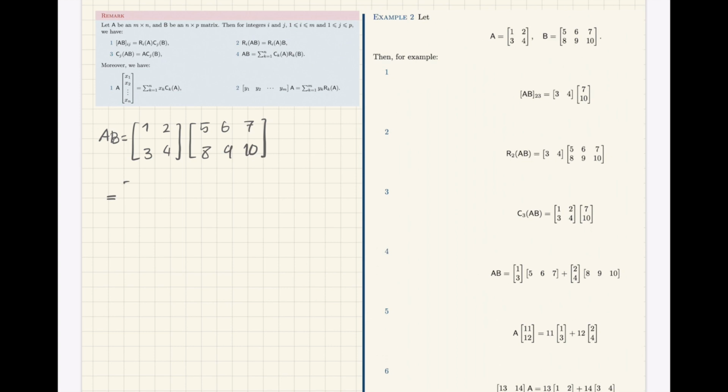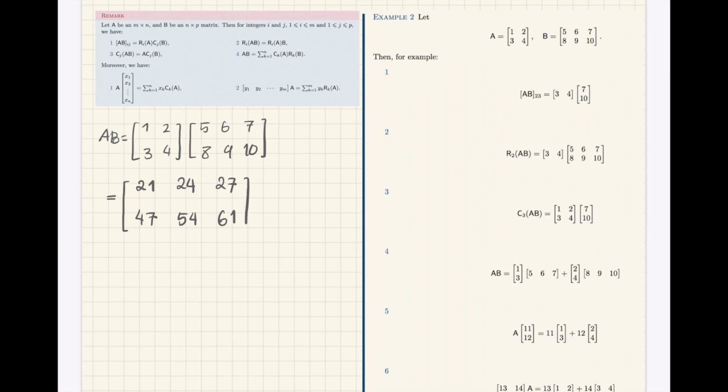So let us just do this product in its entirety. I will decompose these two rows and these two columns, and I will start multiplying them. Let me just do it quickly. It's 5 plus 16 is 21, 6 plus that is 24, and 7 plus 27, 15 plus 32 is 47, 18 plus 36, 54, and 21 plus 40 is 61.